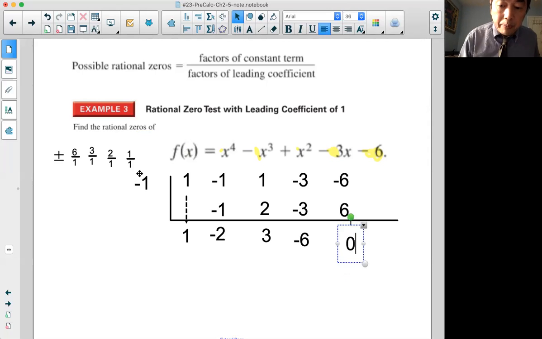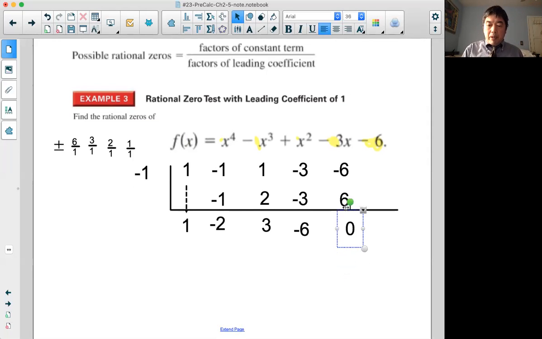So one number here is found: -1. The second time, you write down this as a quotient. So let's rewrite the quotient.